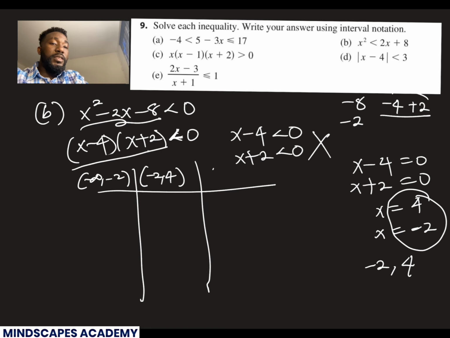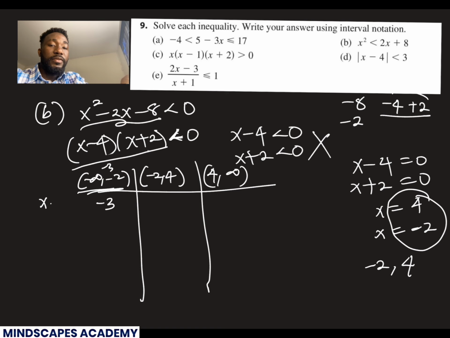Then you check what is happening between 4 and infinity. All right. So the next thing is you choose a point in the first interval. So this point I can choose -3. I choose -3 to be x.